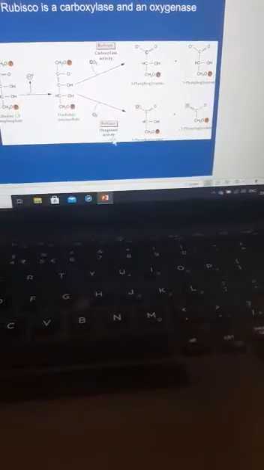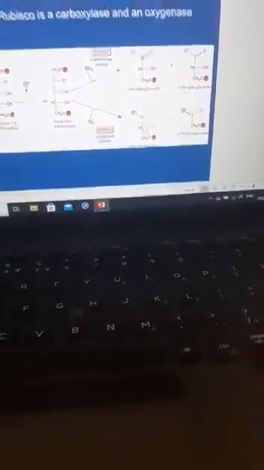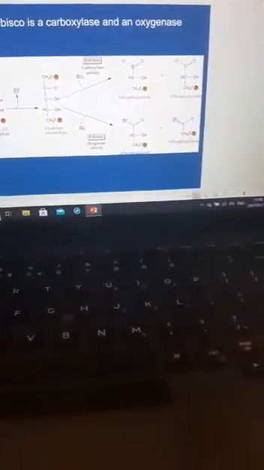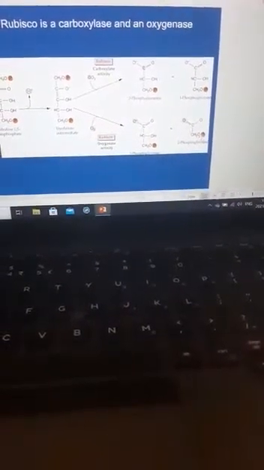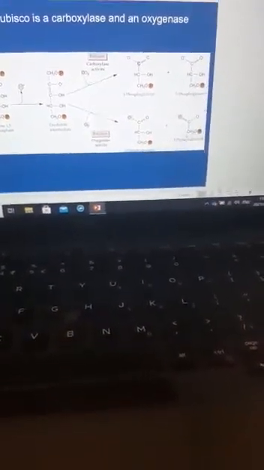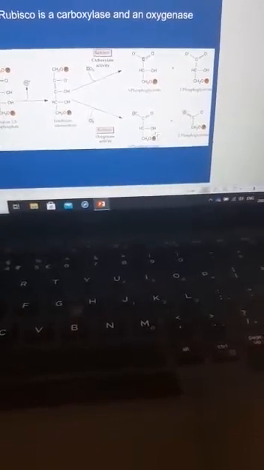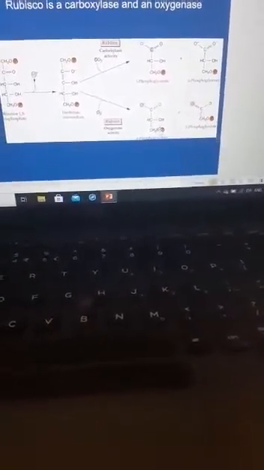But when it is oxygen that combines with RuBP, you can see this oxygenase activity results in the formation of 1 PGA and 1 phosphoglycolate. Instead of 2 PGAs, there's only 1 PGA that is formed when photorespiration takes place.